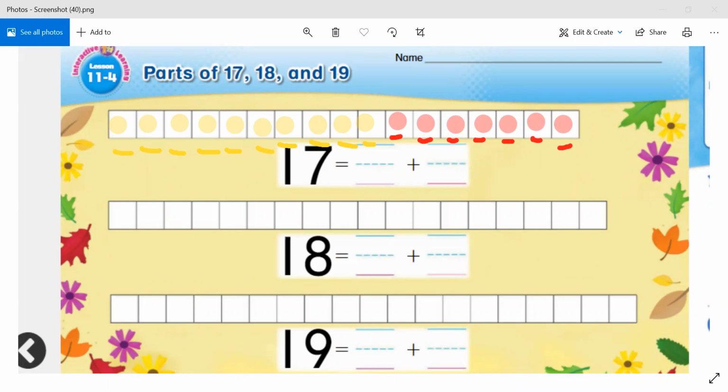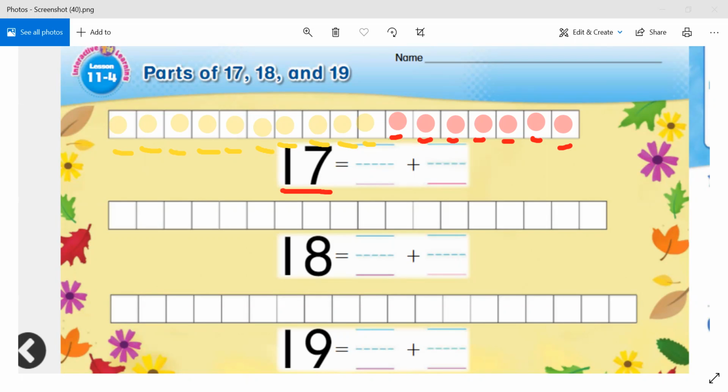So how can we write a number sentence describing the 17 squares? We have 17 right here. So what does this number describe, the 17? It describes the total number of squares in the row.